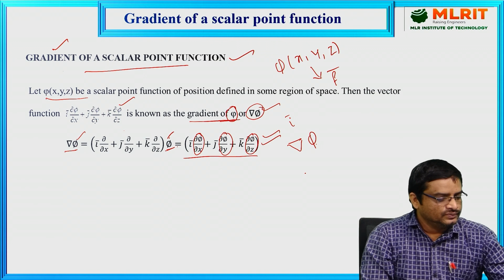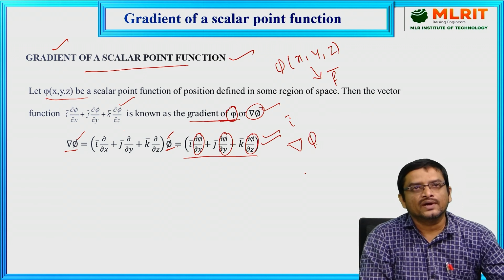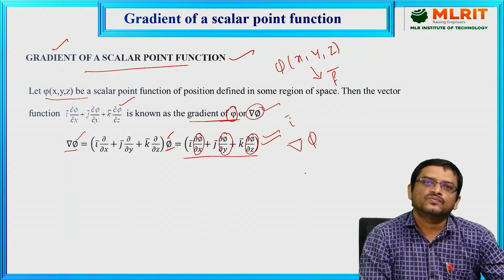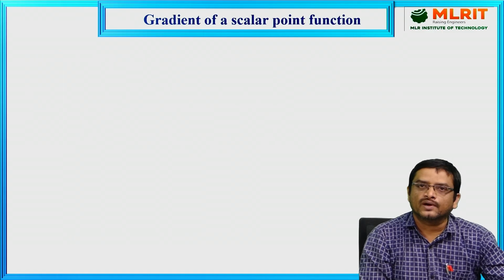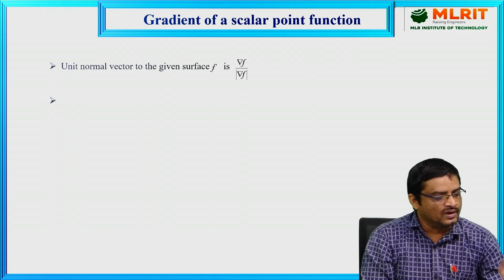So this is about the gradient of a scalar point function. Now we will take some scalar point functions and see how to find the gradient. We have some basic formulas.